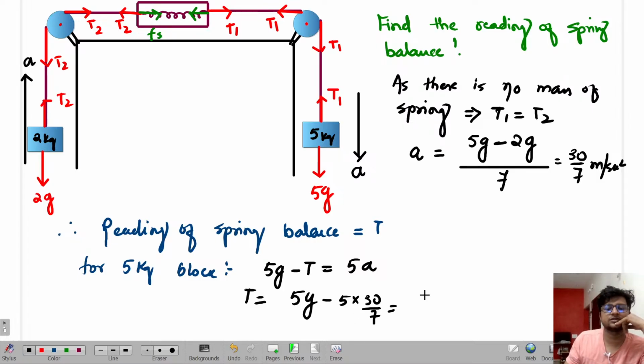How much is this? 50 into 7 is 350, no? Minus 5 into 30, that is 150. Divided by 7. So therefore, this is how much? 200 by 7 Newton.